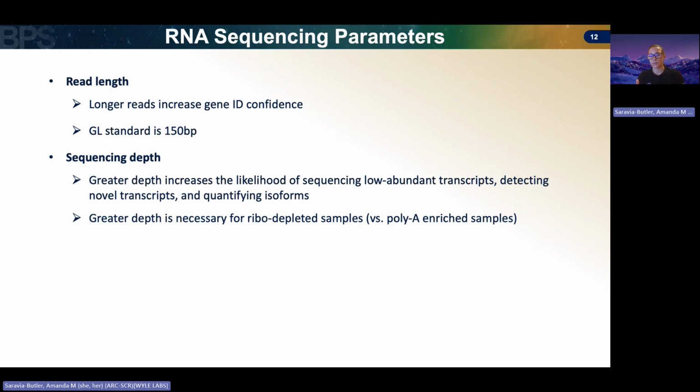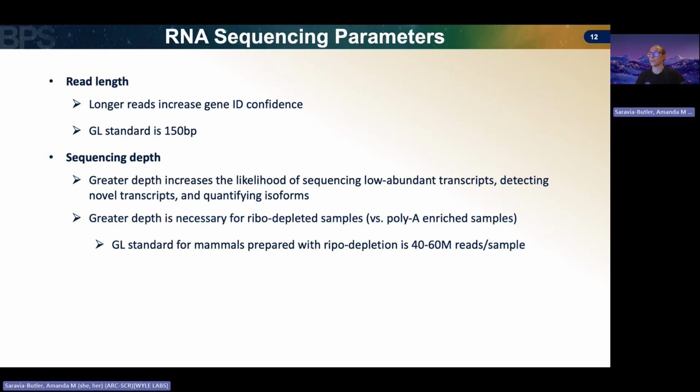So if you wanted to do something like differential gene expression, looking at your messenger RNA, you're going to have to sequence deeper to make sure that you get a sufficient sampling of the message RNA that's expressed in your different samples. Whereas with poly-A enrichment, you are enriching your sample for message RNA, so that should make up the majority of those sequences in your sample, and so you don't have to sequence as deep.